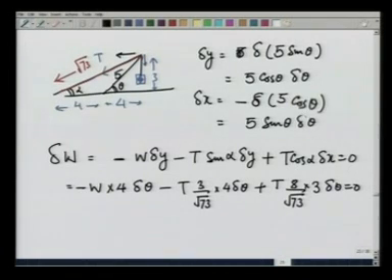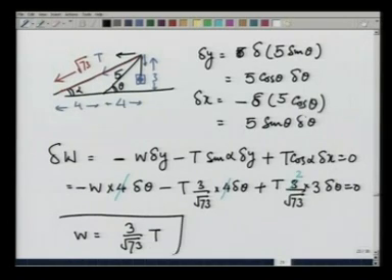I can cancel the 4, 4, 4, and this will give me 2 here, and that gives you W equal to 3 over root 73 times T. That is the weight that can be held by this machine. You see, again the calculation was very straightforward.